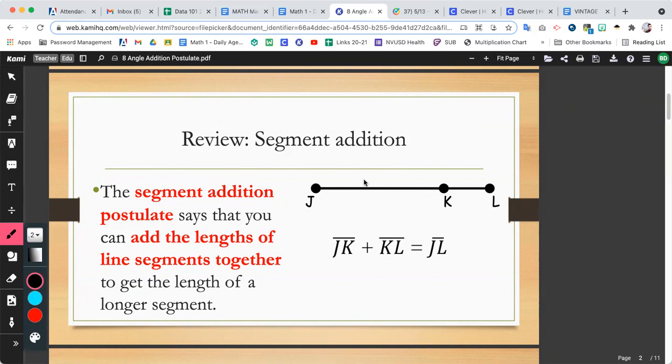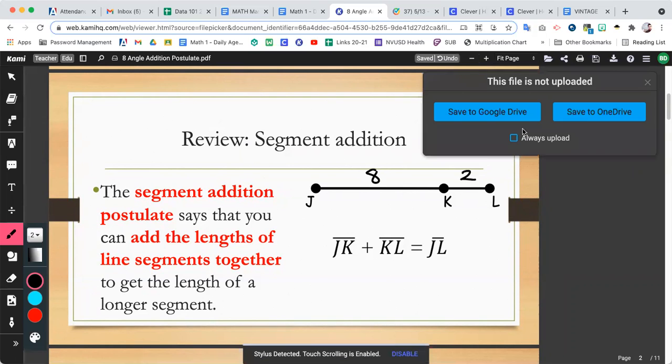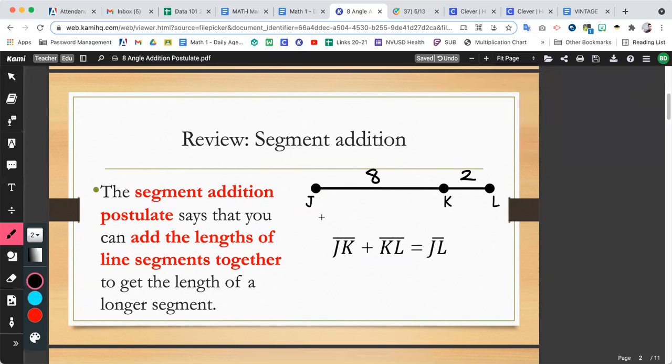So if JK was, let's say, 8, and KL was 2, then what would JL be, the whole thing? It would be 10. And the reason we know that is because if JK is 8 and KL is 2, we add those numbers together and that would make 10. That's all segment addition is saying, is that you can take the small pieces, add them together, and you make the big piece.